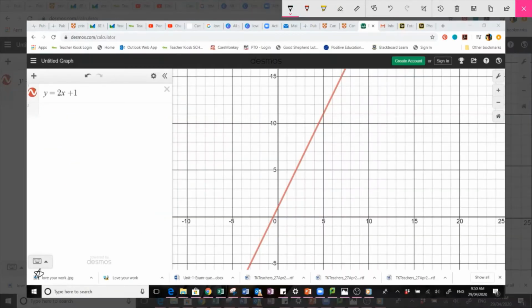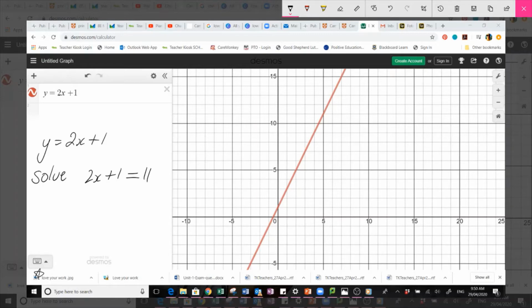Okay, here's an equation. Now it's actually the graph of y is equal to 2x plus 1. So what we're going to be able to do is solve varying combinations of 2x plus 1. So let's solve this equation: 2x plus 1 is equal to 11.